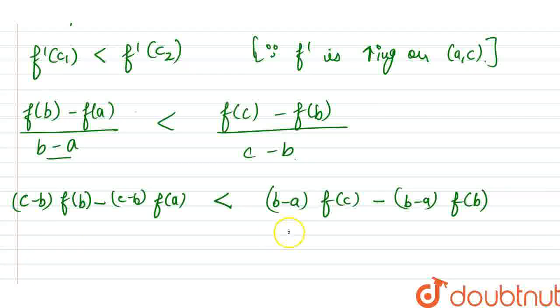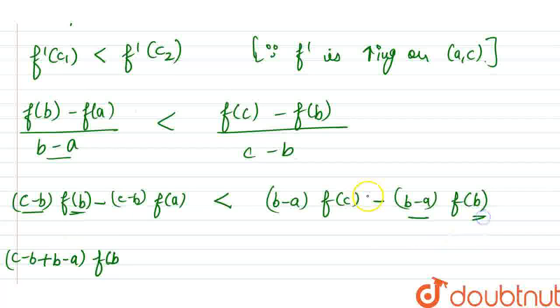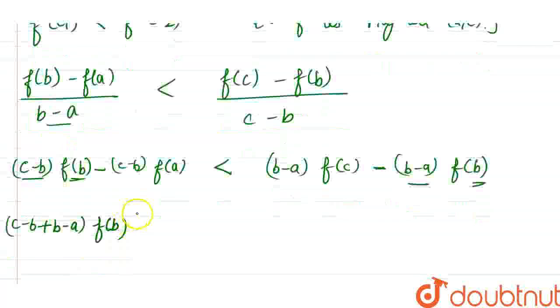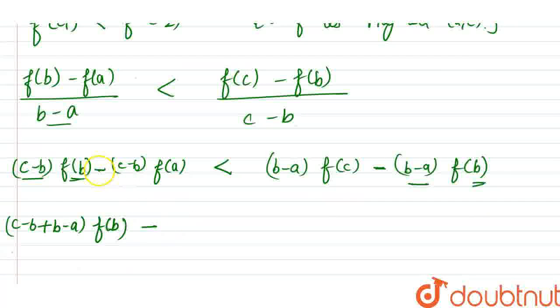So now take all the values to the LHS. So this is c minus b, this is b minus a. So c minus b, and we have f of b. We can take f of b common from both the terms, and this will become c minus b plus b minus a, an addition on the LHS.